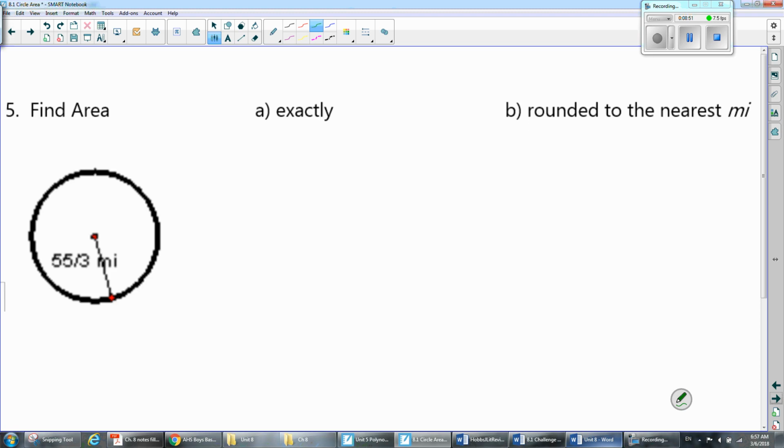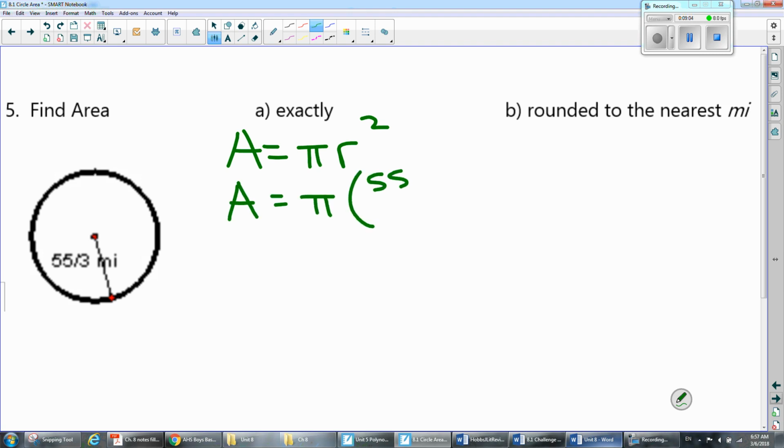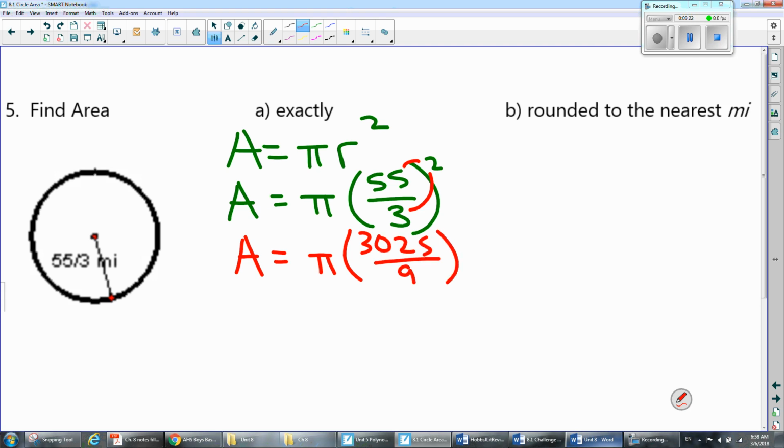And for this last one, if we're finding area exactly, we've got to work with some fractions here. They gave us the radius as 55 thirds. Both the 55 and the 3 get squared. 55 squared is 3,025. 3 squared is 9.